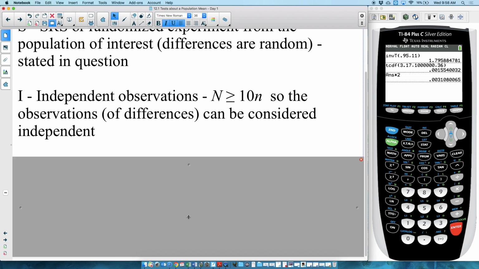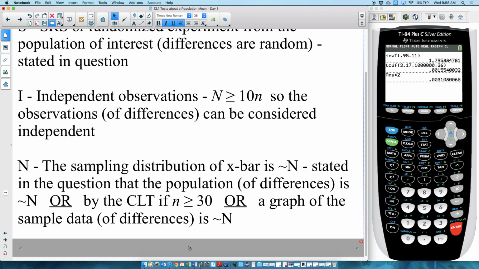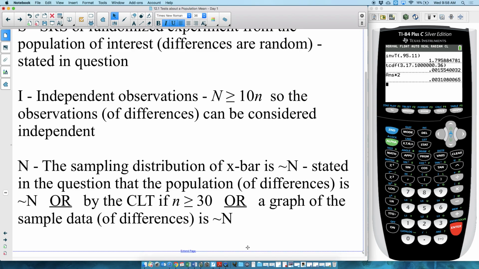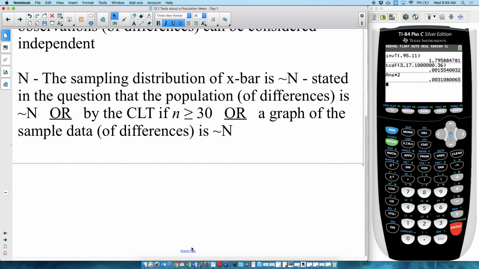All right, so our check then for normality: the sampling distribution of X bar is approximately normal. That's the stating. Then our check is, it could be stated in the question that the population or the population of differences is approximately normal.